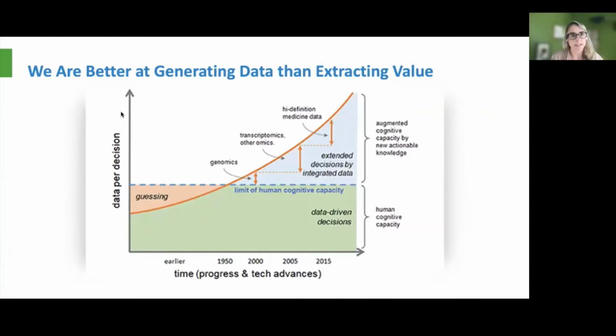And the blue line right in the middle here is the limit of human cognitive capacity. I actually think that's a pretty generous intercept. And the point that they make in the review is that we're really going to have to augment our own cognitive capacity with what they call actionable knowledge. And so, the question is how are we going to do that?